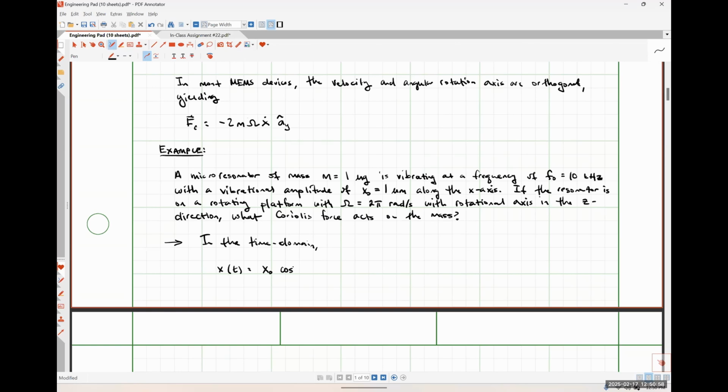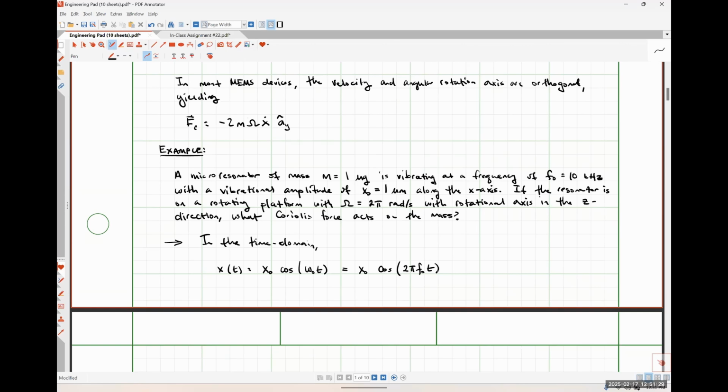So this will be cosine of omega naught t, where omega naught is just going to be 2 pi times f naught. So this is what our mass's oscillations or vibrations look like.